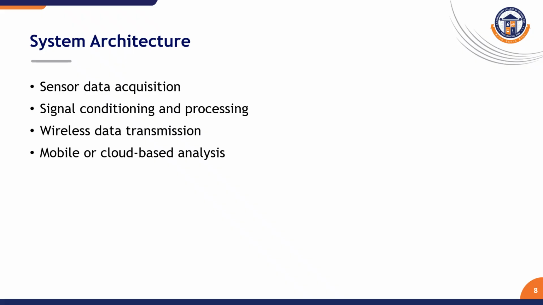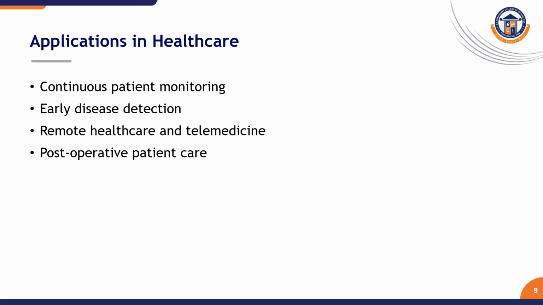It can be Wi-Fi or Bluetooth or any other medium of transmission to an application or to the cloud, and mobile and cloud-based analytics. These are the system architecture requirements for healthcare wearable devices.